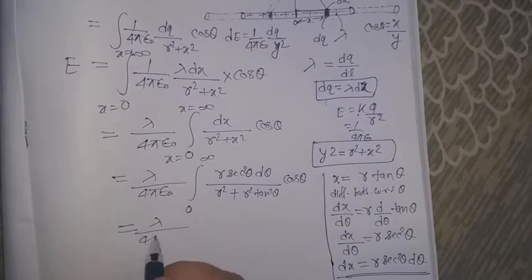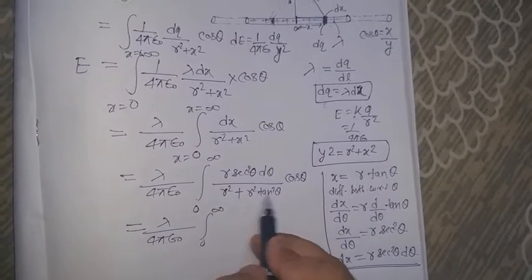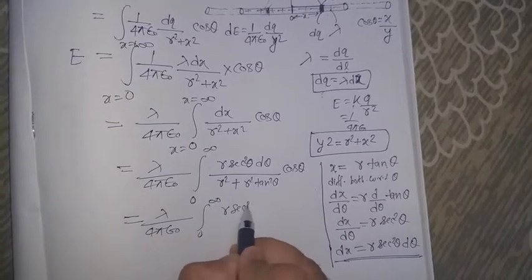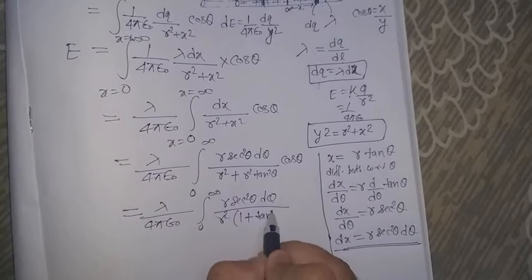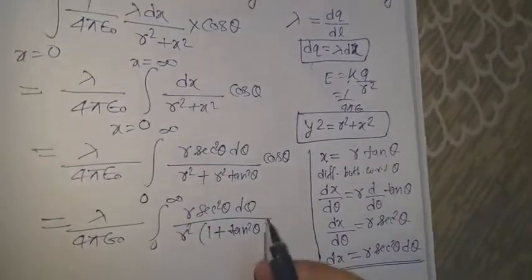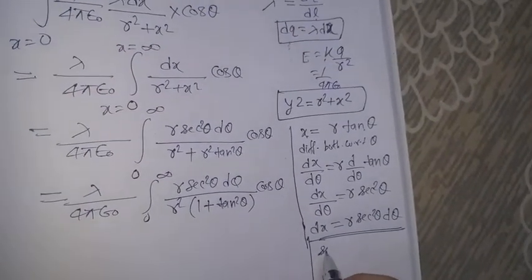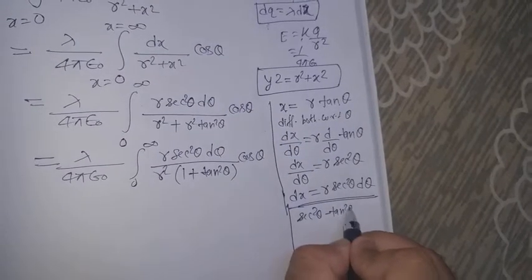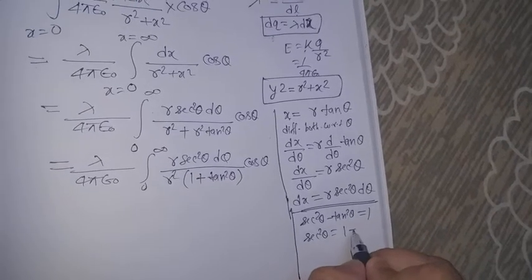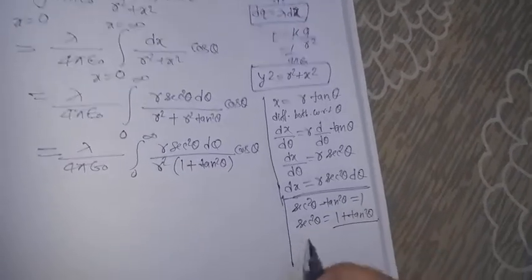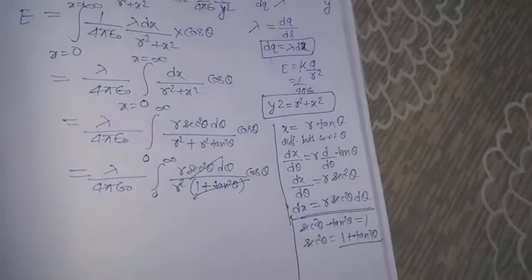Take r square common: r sec square theta d theta upon r square, 1 plus tan square theta, into cos theta. As we know from class 10, sec square theta minus tan square theta equals 1, so sec square theta equals 1 plus tan square theta. So this whole term will cut out.